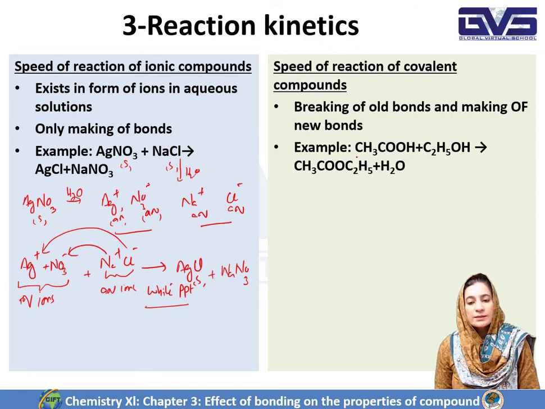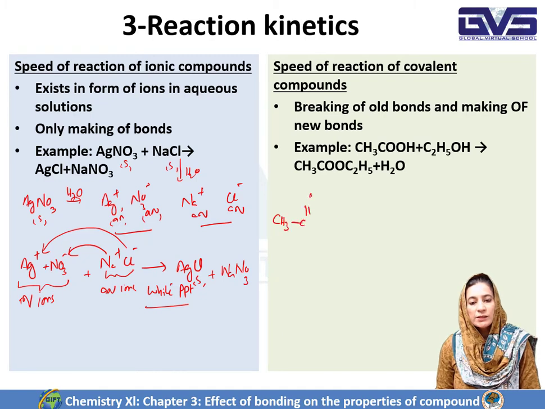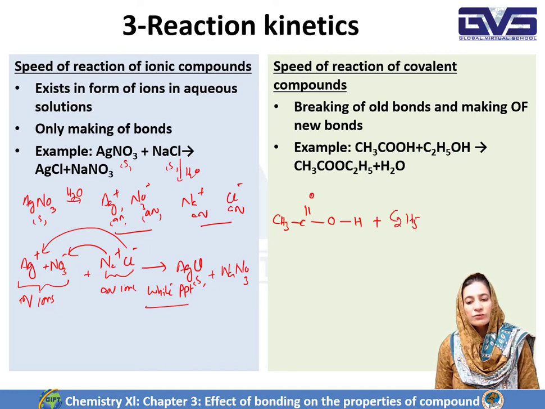How? Take the example of acetic acid. This is CH3, C double bond O, OH. It reacts with ethanol, C2H5OH, and they form ethyl acetate and water. How? Because in this case, first this bond is broken, then this bond is broken.